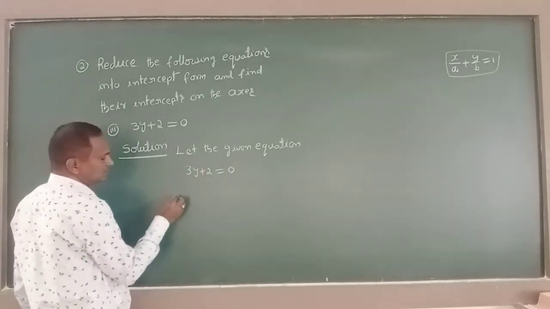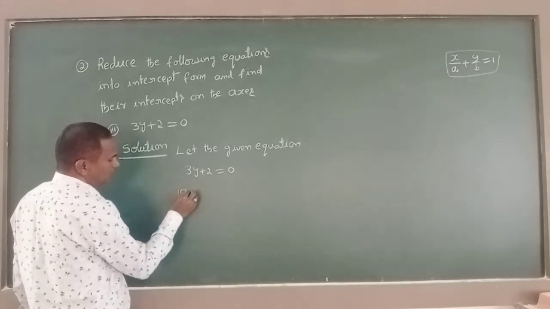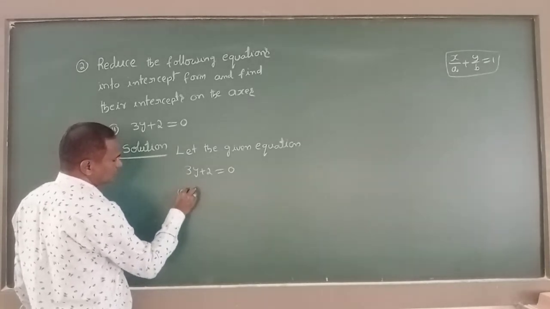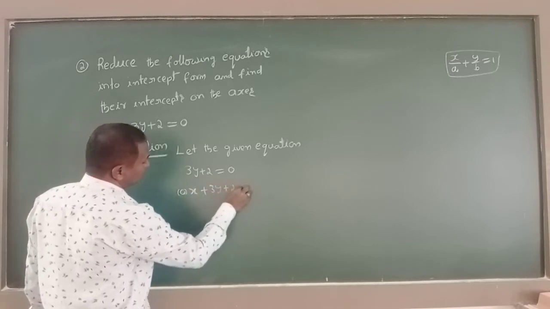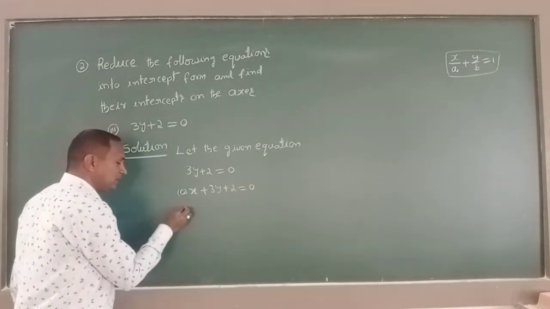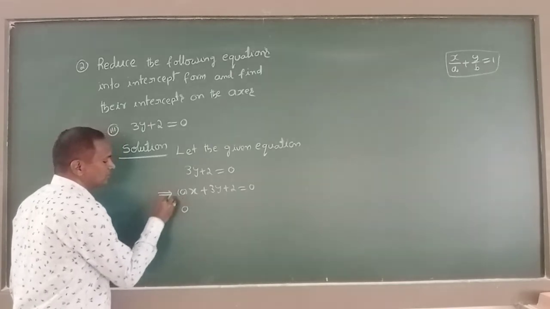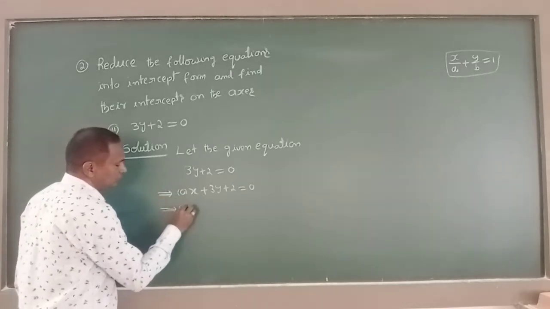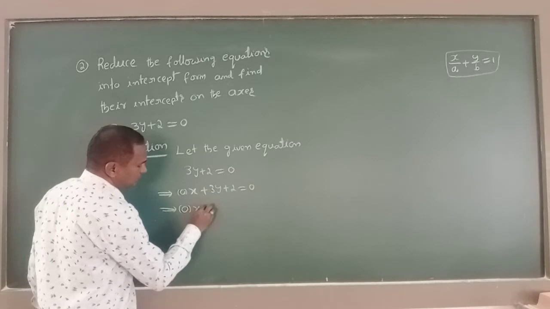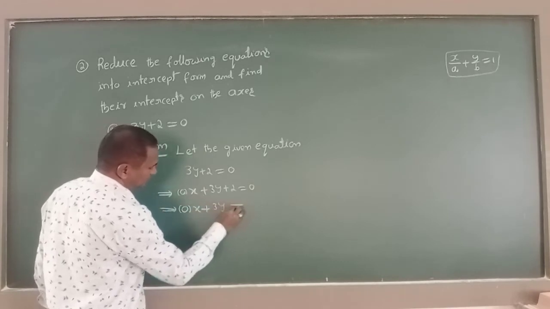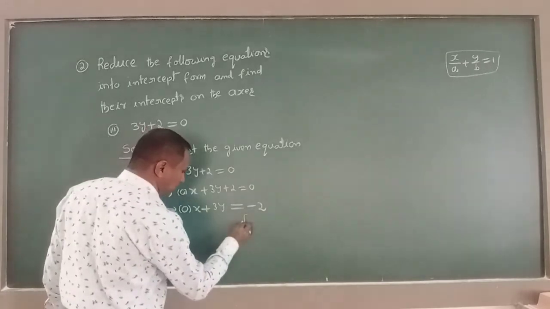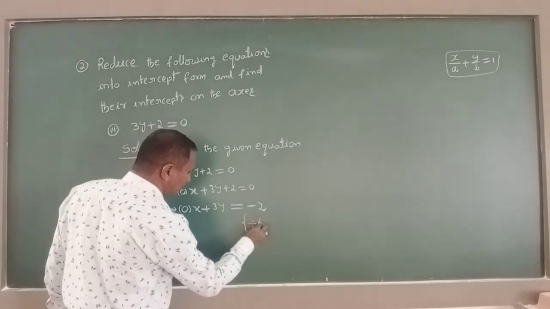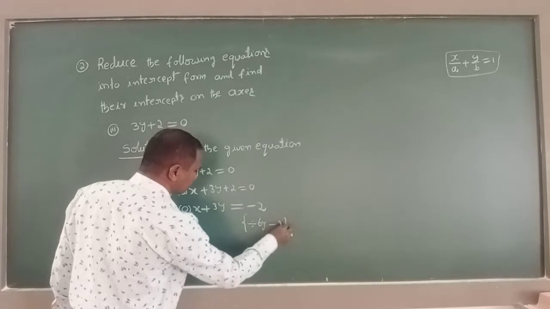It can be written as 0 of x plus 3y plus 2 is equal to 0. That implies we can write 0 of x plus 3y is equal to minus 2. Then dividing throughout the equation by minus 2.